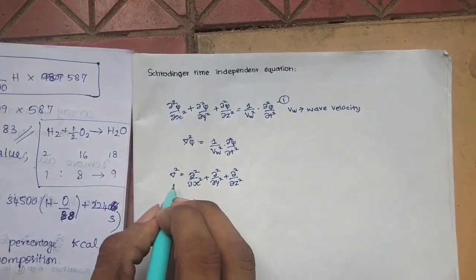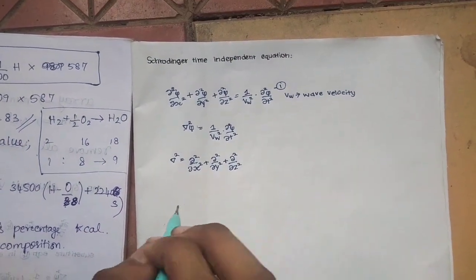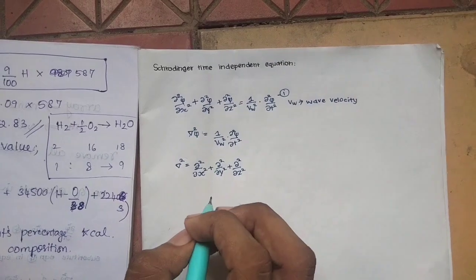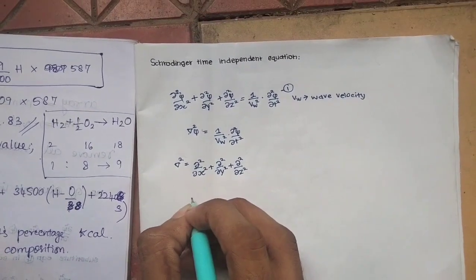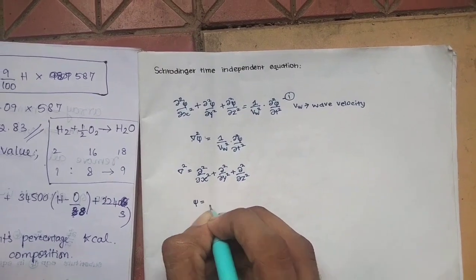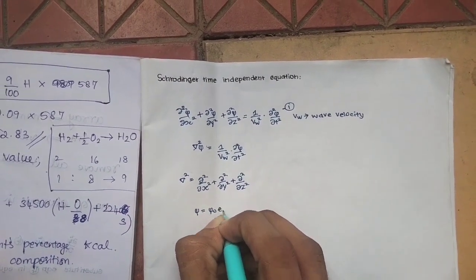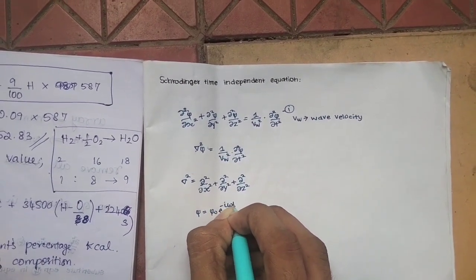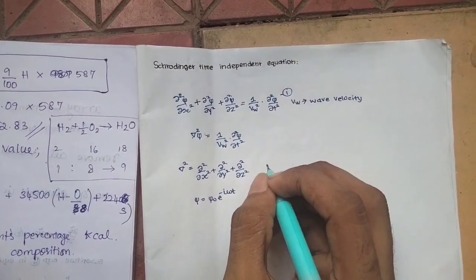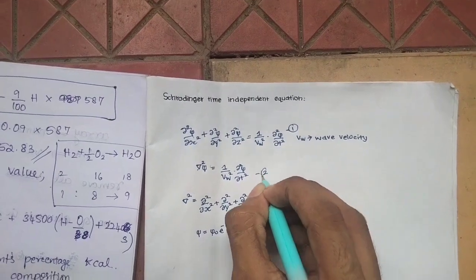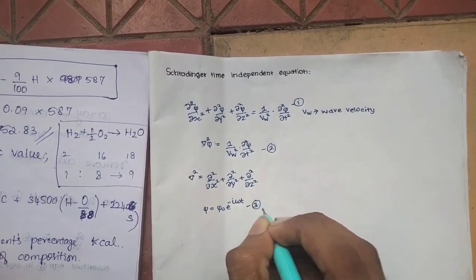It's the value of del square. And there is a formula for psi, which is psi equal to psi naught e power minus i omega t. Let's name this equation as 2 and this equation as 3.